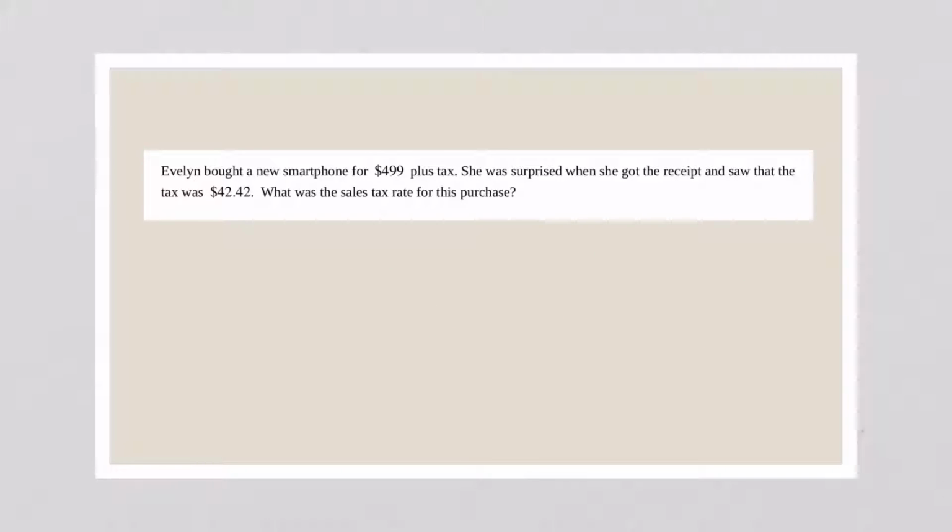Okay, on this problem, Evelyn bought a new smartphone for $499 plus tax. She was surprised when she got the receipt and saw that the tax was $42.42. What was the tax rate for this purchase? So you take $499 and you multiply that times your rate.